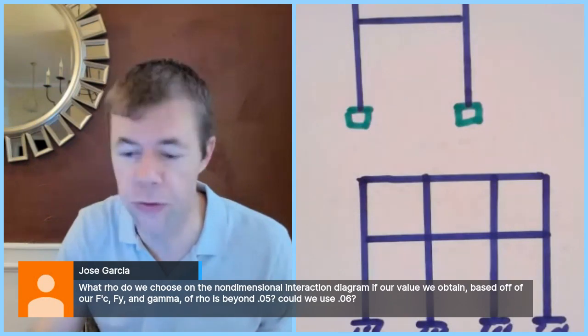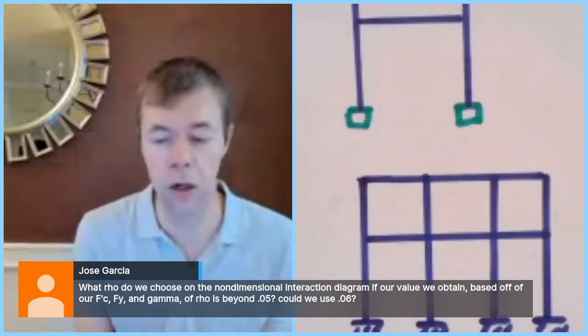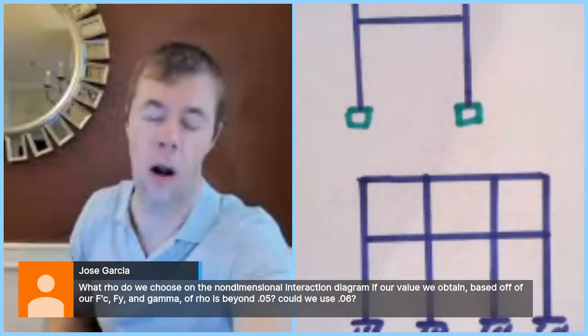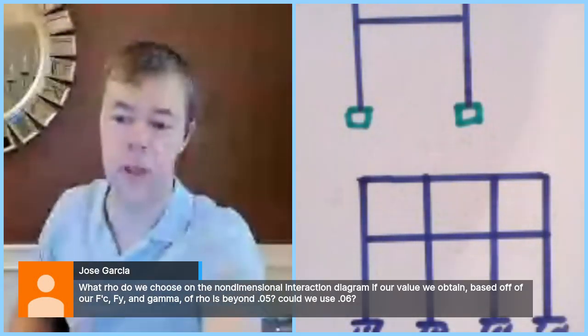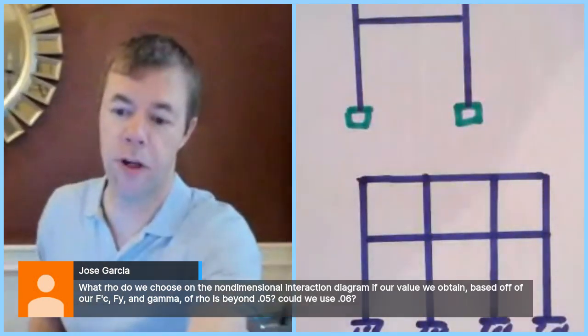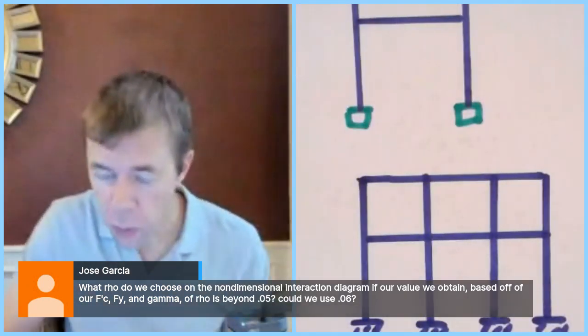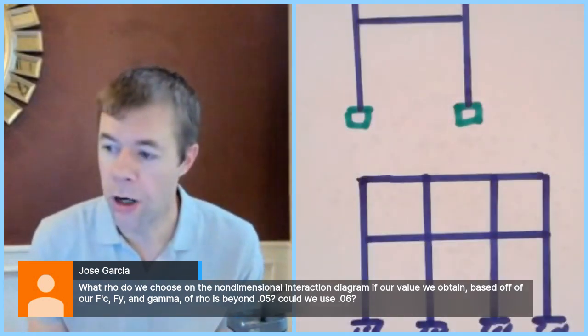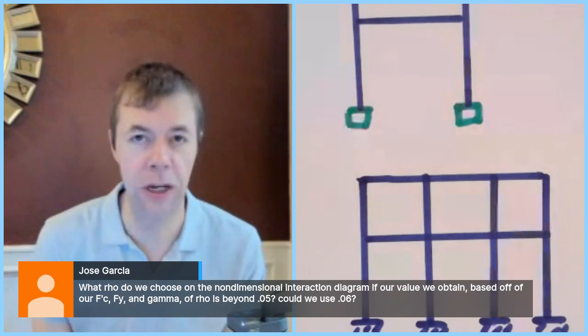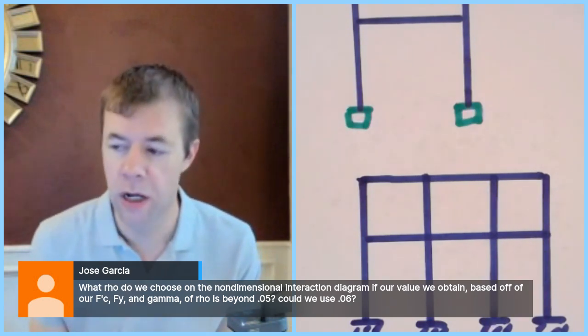Let's get started here. So I see a question from Jose. It looks like it's a column question, or a question that he may have had on the homework. I'm gonna change my camera here. Yeah, that's a little better. So Jose wants to know what rho is. That's a thing you use to design columns, like your area scale over the entire area of the column.